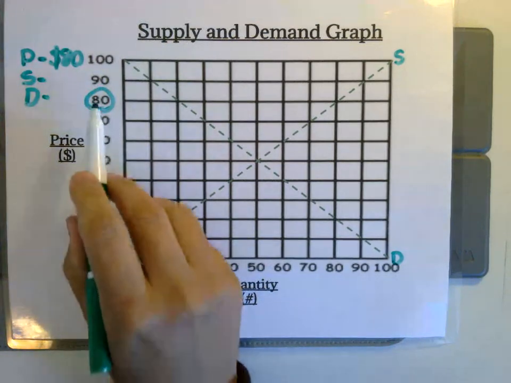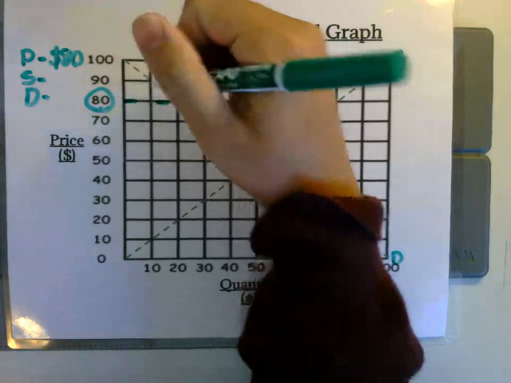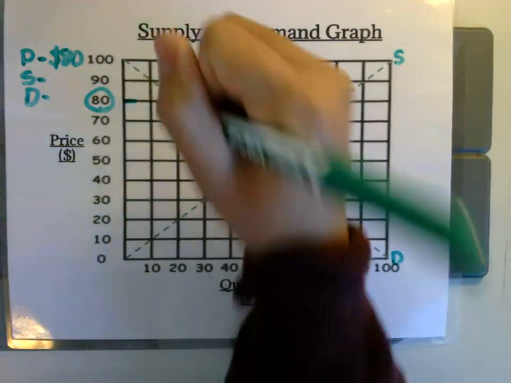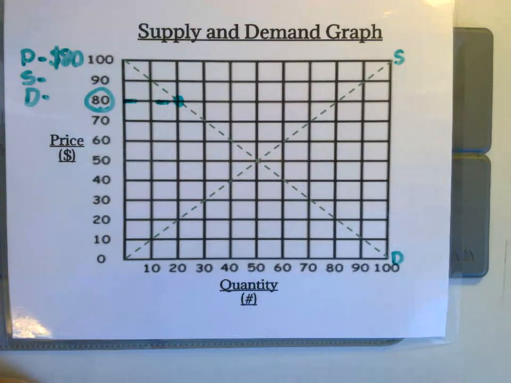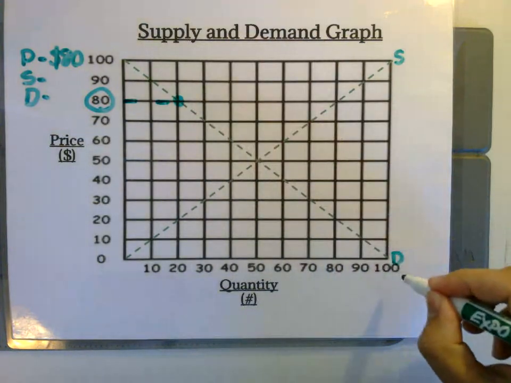Let's start with the $80. We're going to go over and see the first line that we hit. Now let's figure out, is this the demand line or the supply line? Well, it is the demand line because it goes down to the dirt.